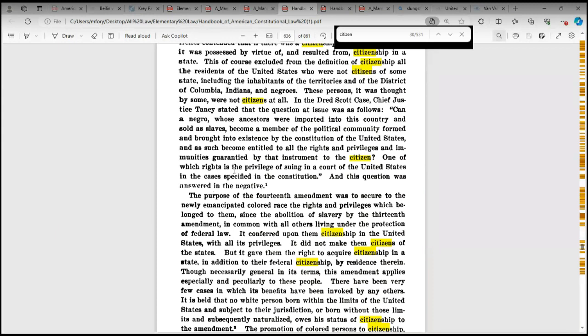One of which rights is the privilege of suing in the court of the United States in the cases specified in the Constitution. And this question was answered in the negative, so they denied it.